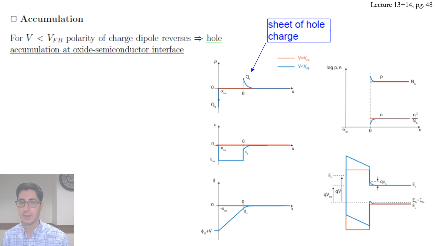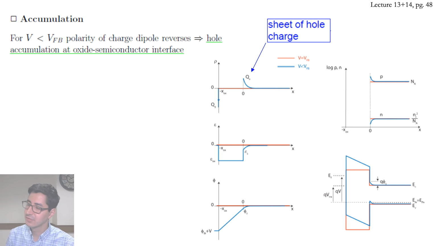They weren't just disappearing; they were moving over to the gate. But that's effectively what we were doing. Now we've done the opposite. If before we were bending the bands down, now we're bending the bands up. And we get a sheet of hole charge right at the surface.